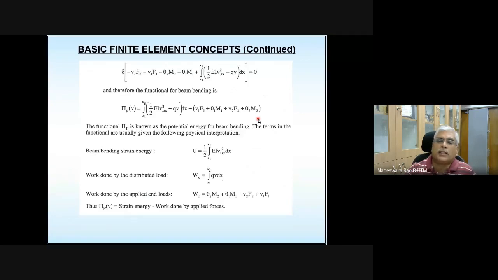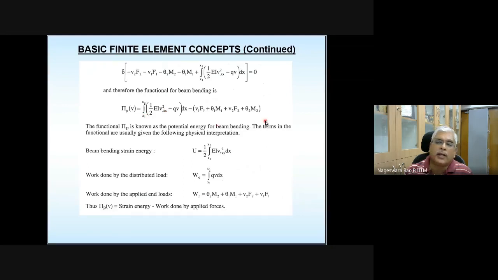So now we got the potential energy functional. Still we did not get the finite element equations for a beam element. This is only the potential energy functional. So what is the next step? We need to substitute.